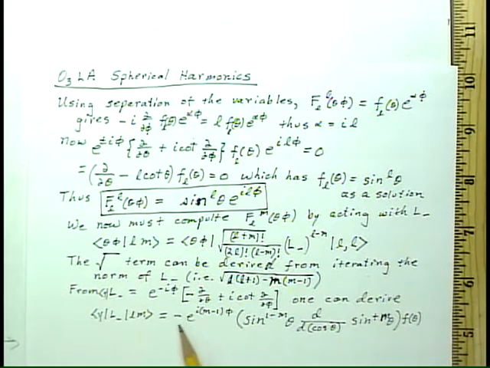And we end up with, there's a similar expression for both L minus and for L plus, and this is e to the i times m minus 1 phi, sine of 1 minus m of theta, d by d cosine theta, where we're taking the derivative with respect to cosine theta, of sine of plus m of theta, times our function of theta.